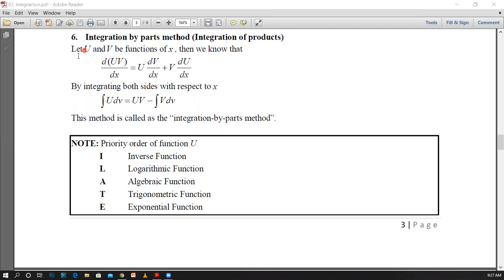Now think about it: let u and v be functions of x. Then if the function is defined as the multiplication, think about what we discussed in differentiation.